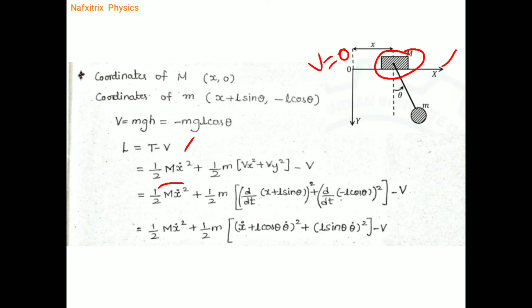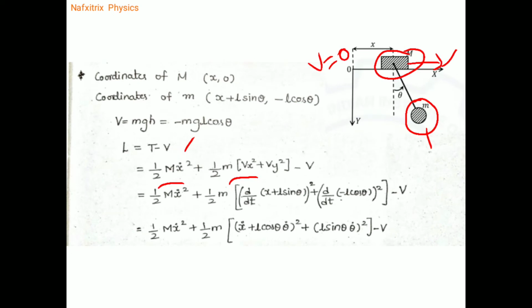This is moving in this direction, so x changes with time. That is nothing but half M x dot square. And next, this is the kinetic energy for the small m mass. It has velocity along the x direction as well as the y direction, because this mass is constrained to move in the xy plane.